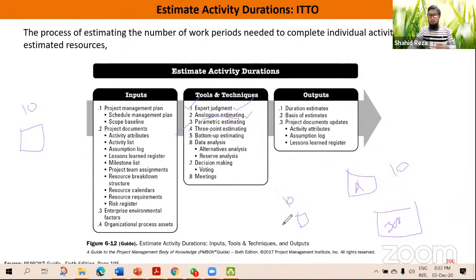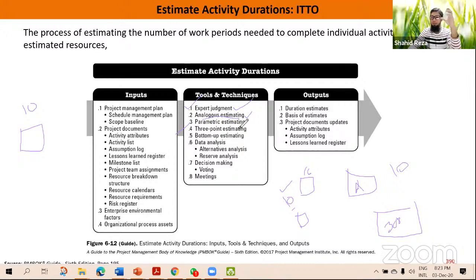We want to put new tiles on the floor, each tile takes 10 minutes, and the size is 16 by 16. So for a total of 300 square feet, how much time will we need? This is known as parametric estimating.